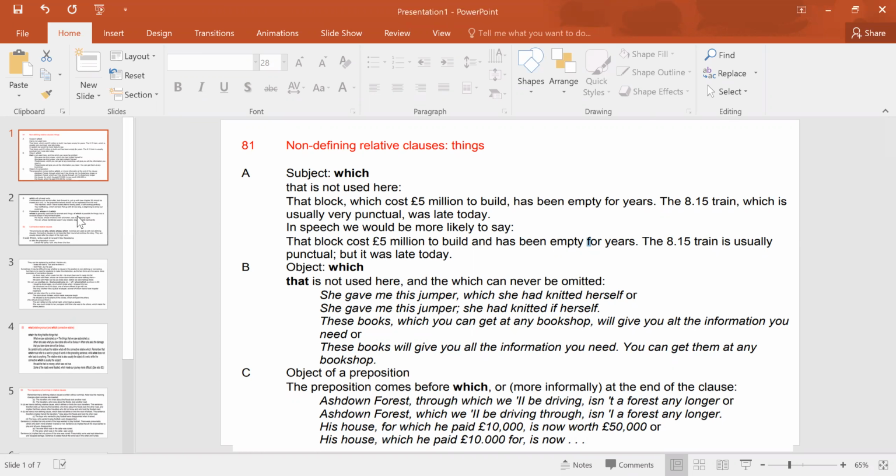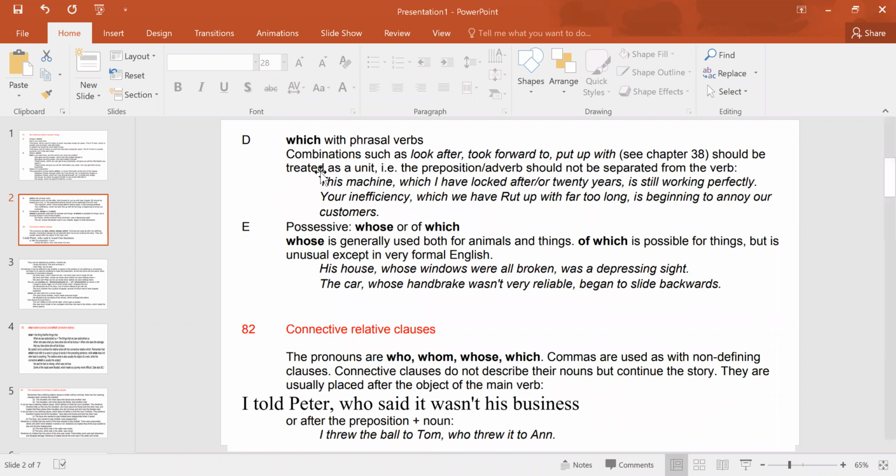Let's move towards the next slide. Which with phrasal verbs. You can also use which with phrasal verbs, for example verbs like look after, look forward to, put up with, etc. So you can use them with which. For example: this machine, which I have looked after for 20 years, is still working perfectly.